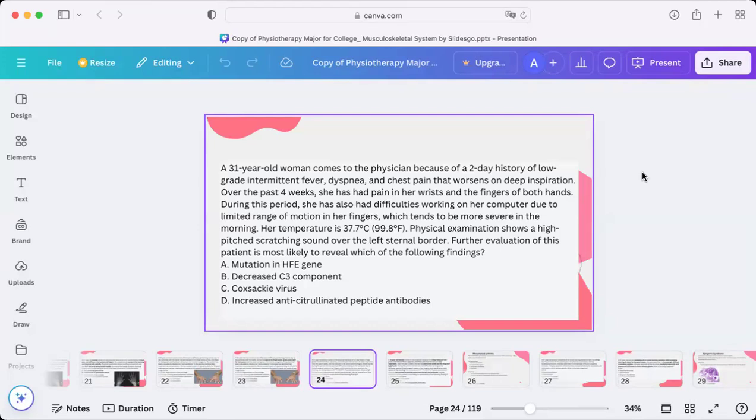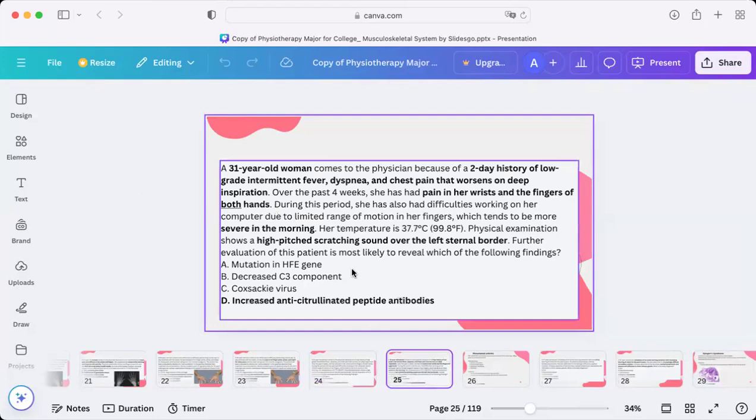Guys, what disease would we see? Okay, to save time, you guys are correct.